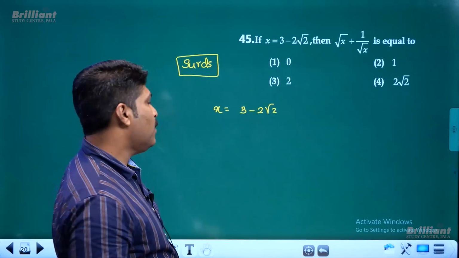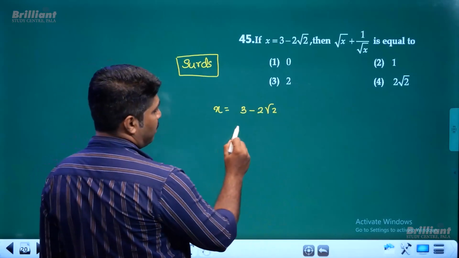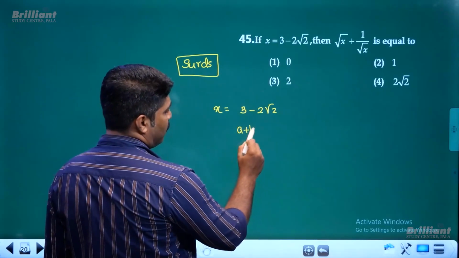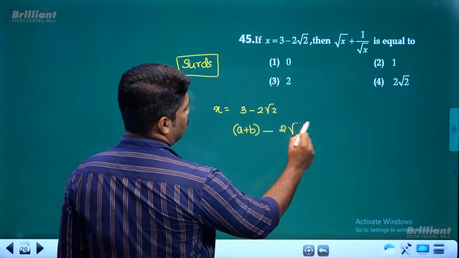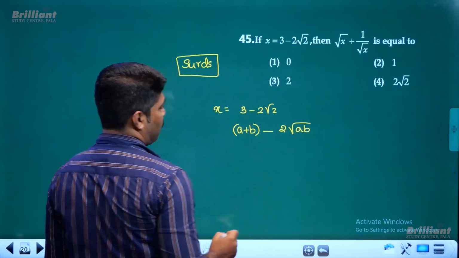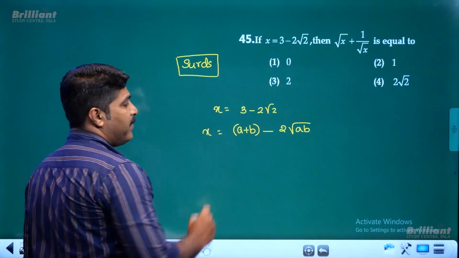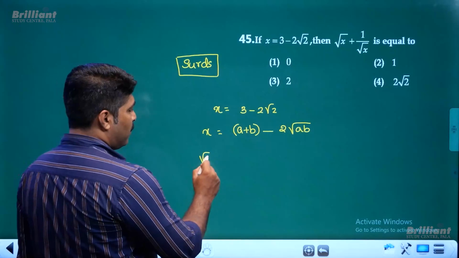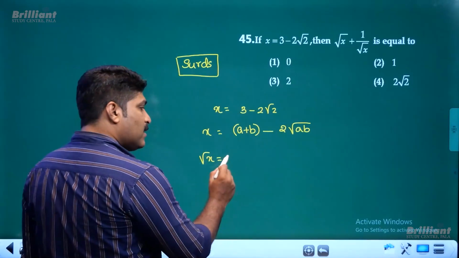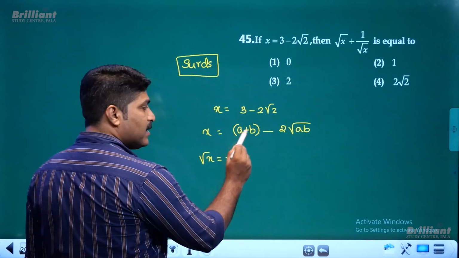A surd is usually given in the form of the sum of two values plus or minus 2 into the root of the product of those two values. Usually we express a surd like this. So therefore, what is root x? You have to find this a and b.